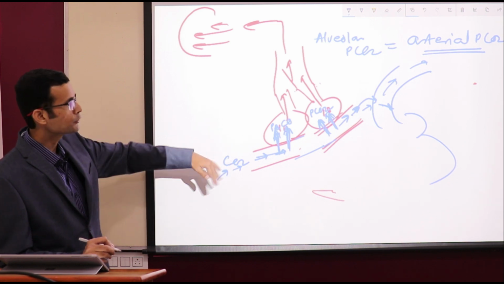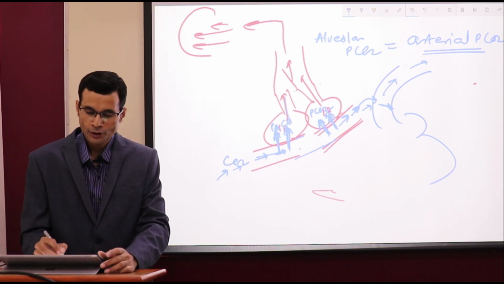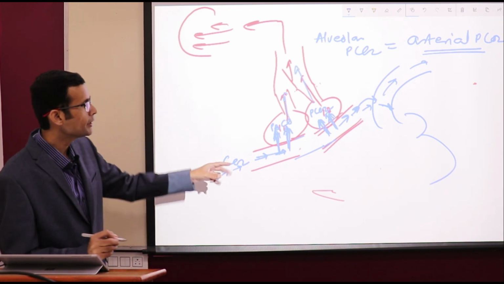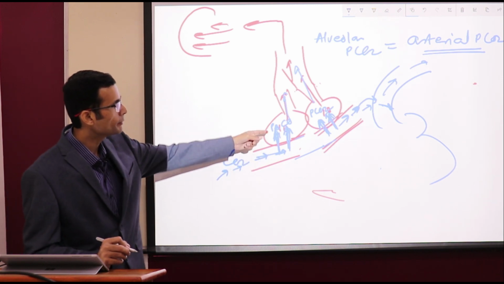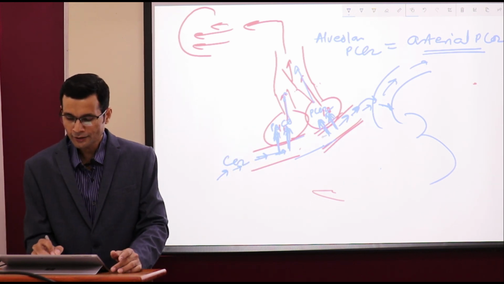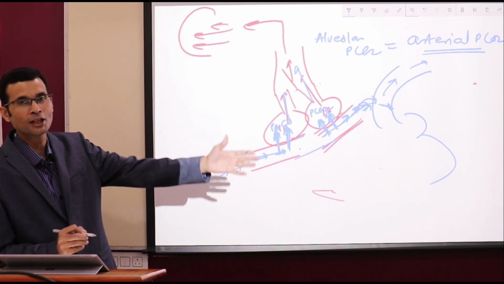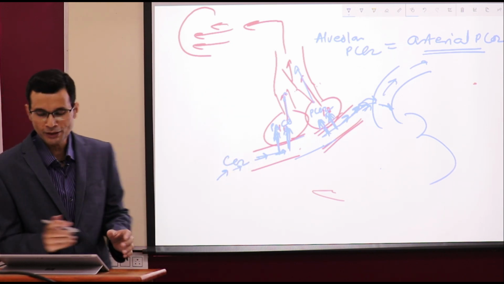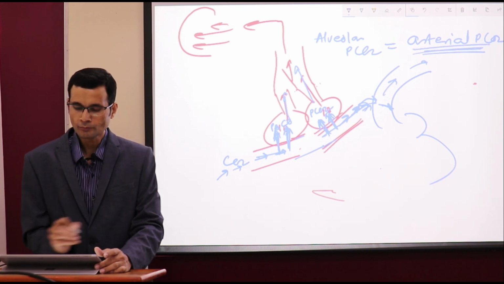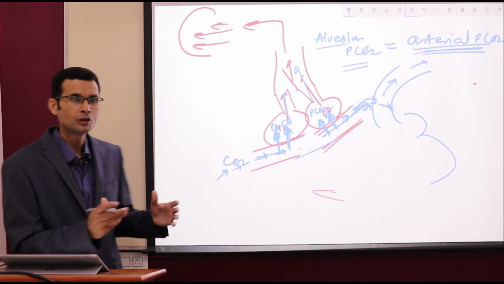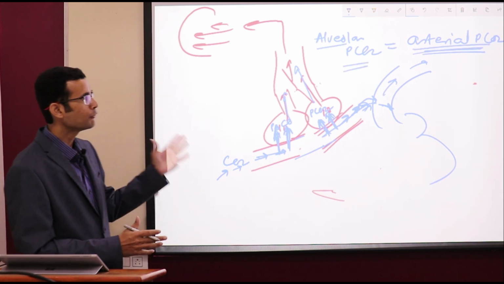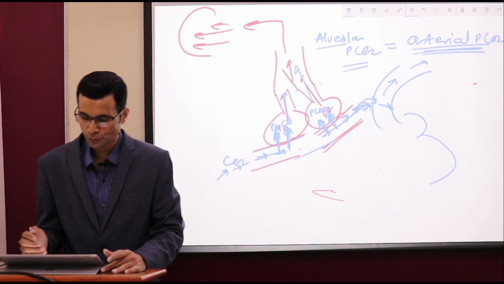From there it's going to be exhaled out. It reaches rapid equilibrium between the pulmonary capillary blood and the alveolus, and then it goes to the left side of the heart, then to the arterial blood. So arterial PCO2 and alveolar PCO2 will be the same. Alveolar PCO2 equals arterial PCO2.